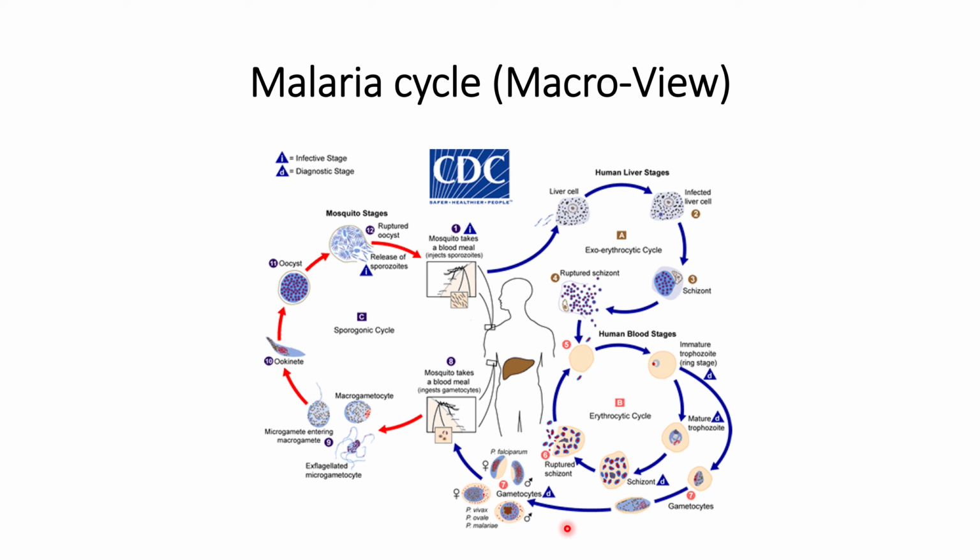One is microgametocyte, another one is macrogametocyte, and based on the mosquito that infects them, it will form different kinds of gametocytes. One is known as the female gametocyte, that is macrogametocyte, and another one is microgametocyte, that is male gametocyte.